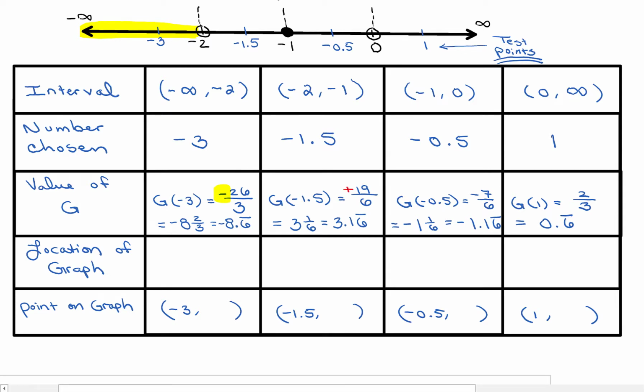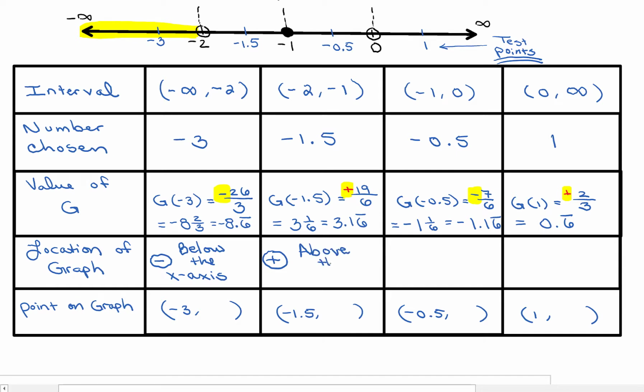Now I'm going to look at the signs, because this is going to determine the location on the graph. So this first one is negative. That means it's below the x-axis. So when I'm drawing my graph, I know that this part has to stay below the x-axis.